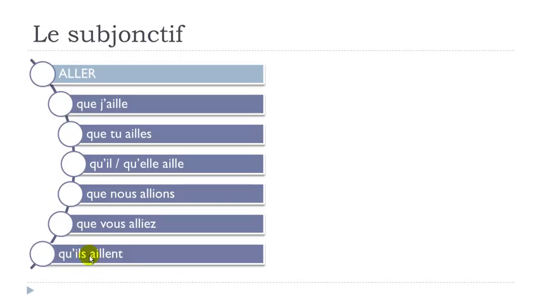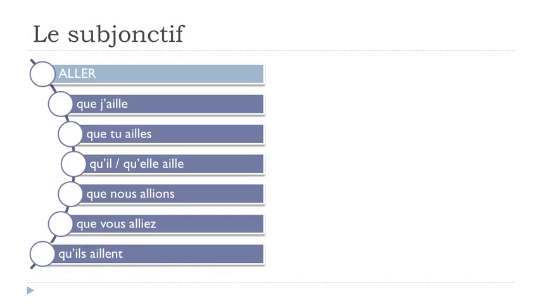Listen to me: aille, que tu ailles, qu'il aille, and that's the difference here, que nous allions. Que vous alliez, I don't make the liaison just for you to listen carefully, but if you want to make the liaison, you can. And then qu'ils aillent, and the feminine form, qu'elles aillent.